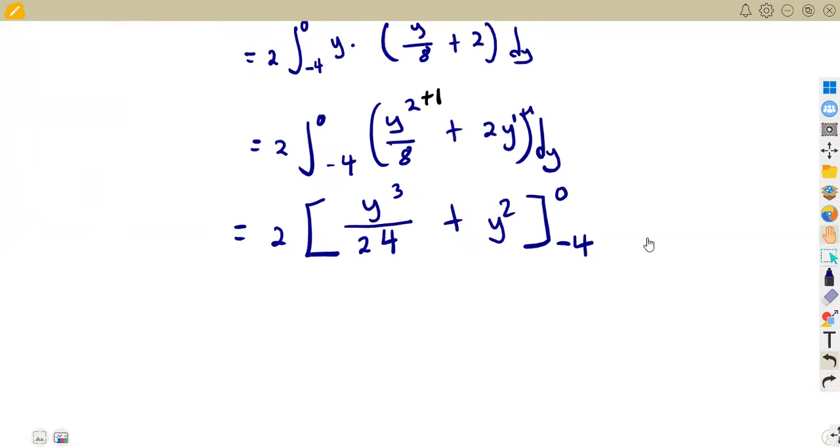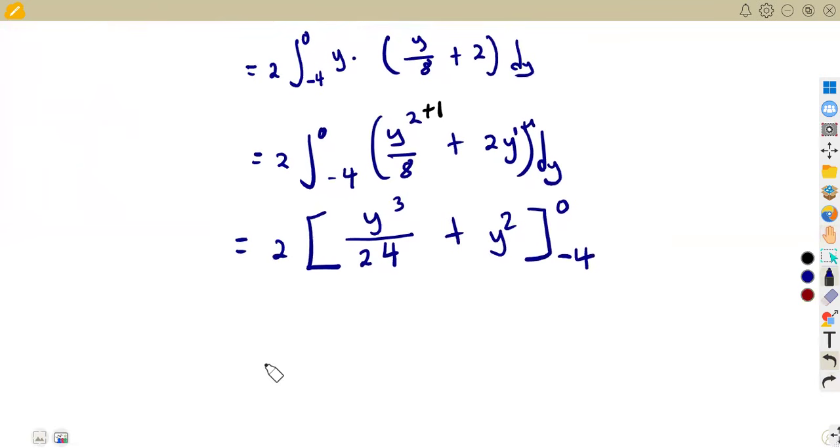After you've integrated, we can substitute our upper limit minus lower limit concept. So our upper limit, which is a 0 in this case, that's a 0 here, a 0 there. So you're going to get a 0 on the first part. Minus the lower limit taken at x being -4.